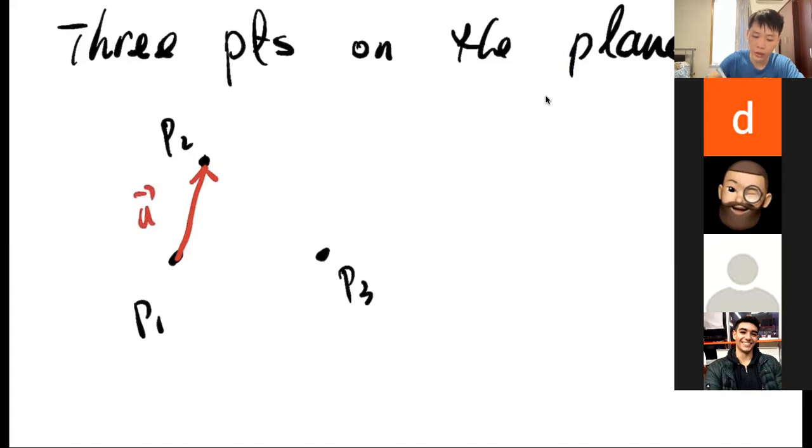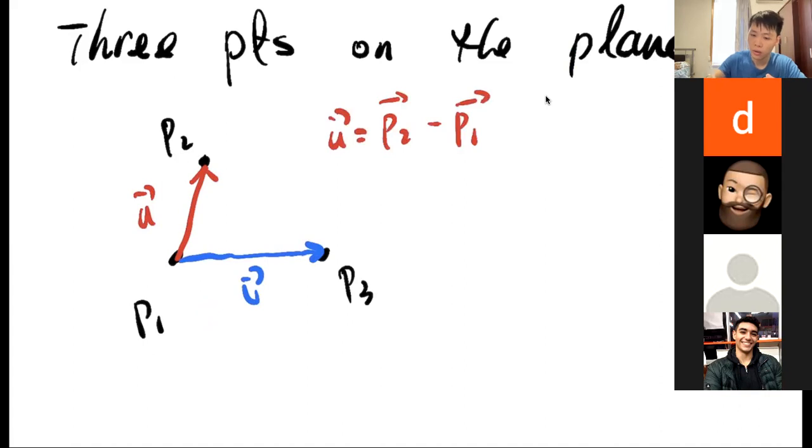Let's call this vector U. Do the same thing, you have a vector V joining P1 and P3. So U is P2 minus P1. V is P3 minus P1.